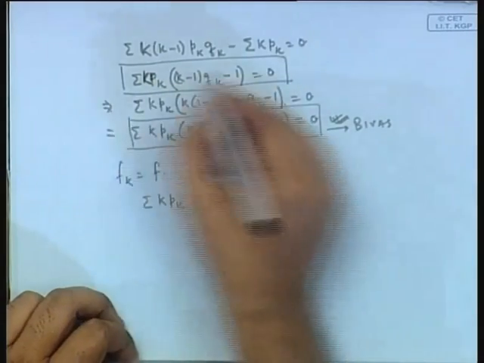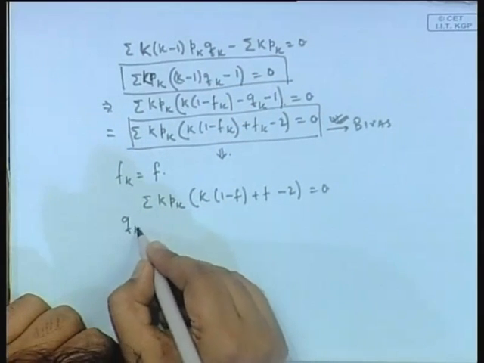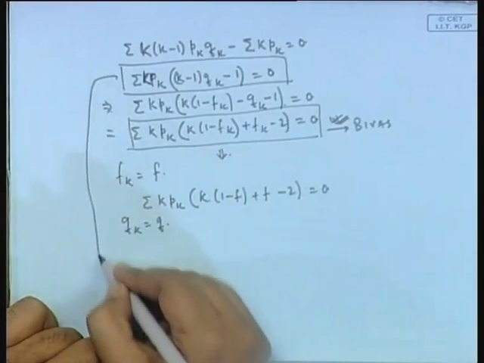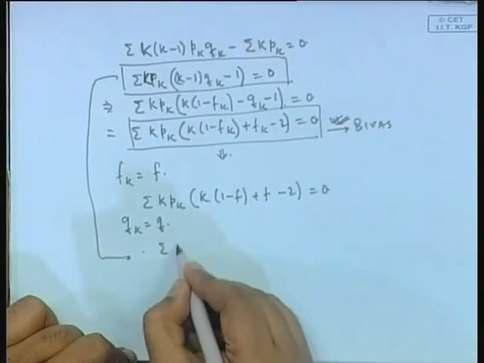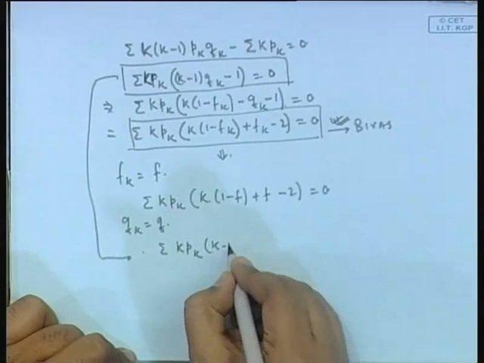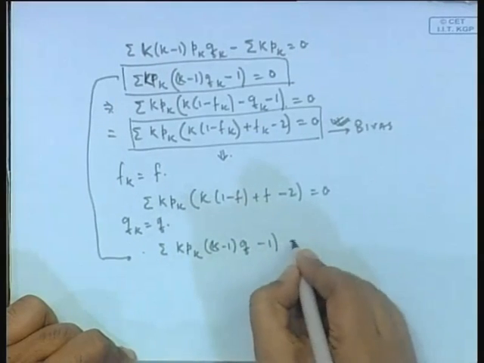Or I can take the first one also, that means fk is also q. So, take this equation, summation of k pk, k minus 1 into q minus 1 is equal to 0.